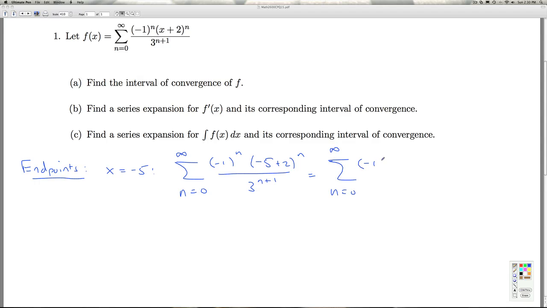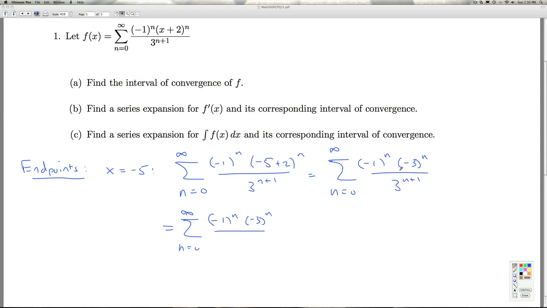So I've got negative 1 to the n there. This gives me a negative 3 to the n over 3 to the n plus 1. And there's an opportunity here to simplify. I've got negative 1 to the n, negative 3 to the n.